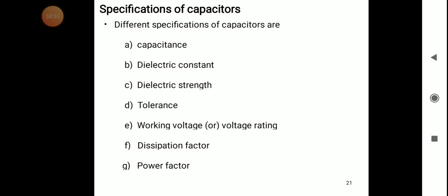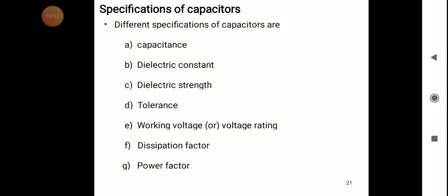The next one is what type of dielectric material we are using, what the dielectric constant is, and what the strength of the dielectric material is. If our application needs a high strength capacitor and we use a low strength one, it mismatches, and the capacitor may get damaged or may not give the correct values.